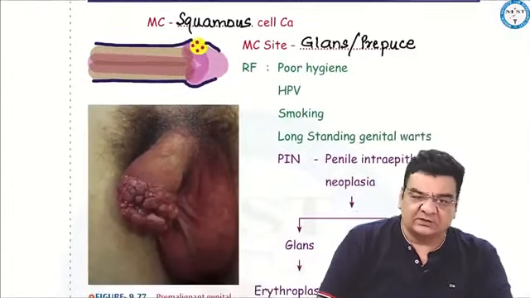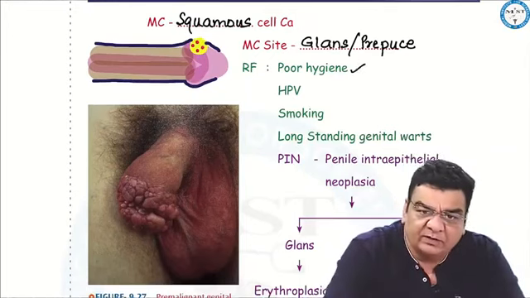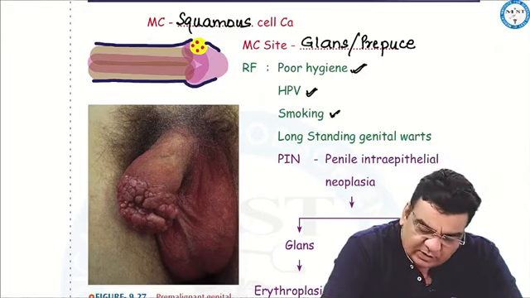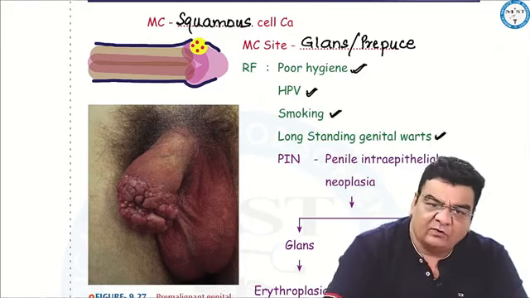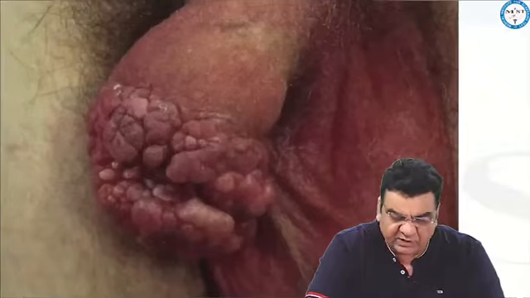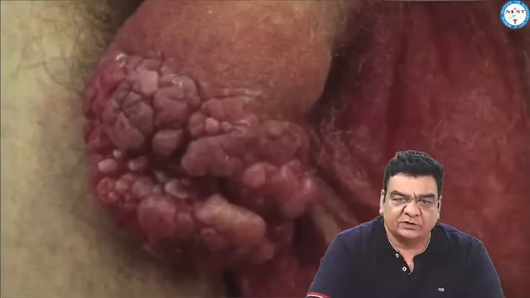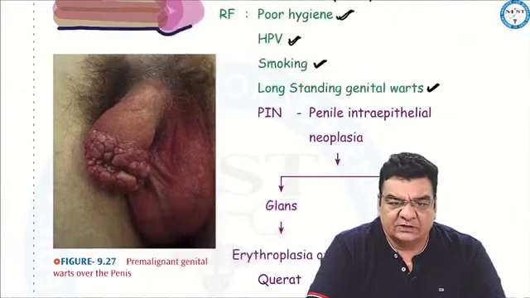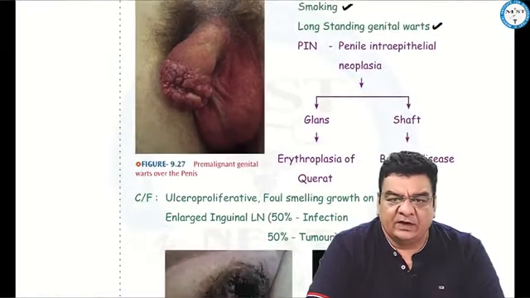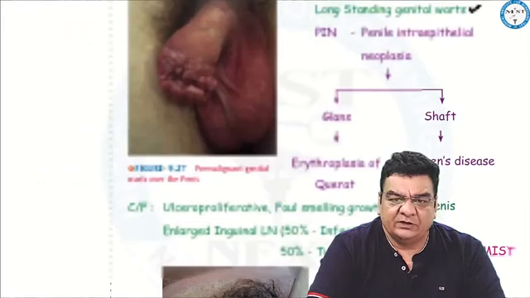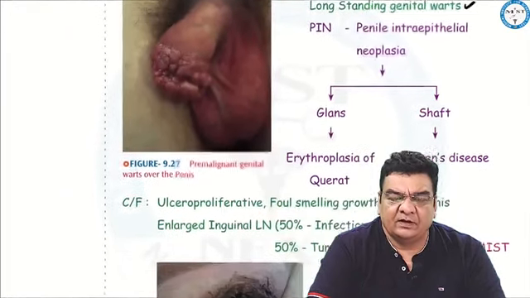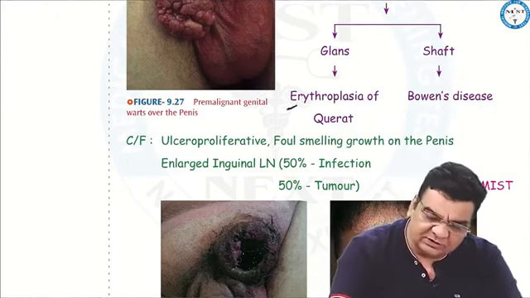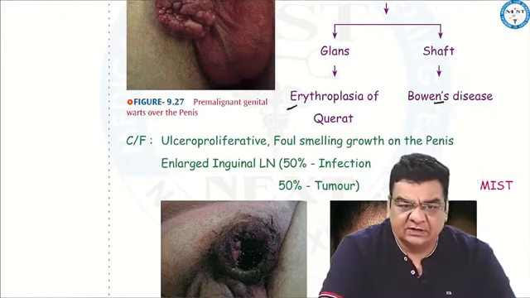Risk factors for penile cancers: people who do not bathe, poor hygiene, human papilloma virus, smoking, long-standing genital warts, which are usually associated with human papilloma virus infection, penile intraepithelial neoplasias, like precancerous or pre-malignant conditions, you can say. On the glans, there is erythroplasia of Queyrat. On the shaft, there is Bowen's disease.